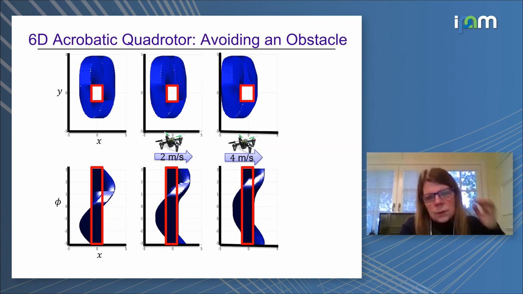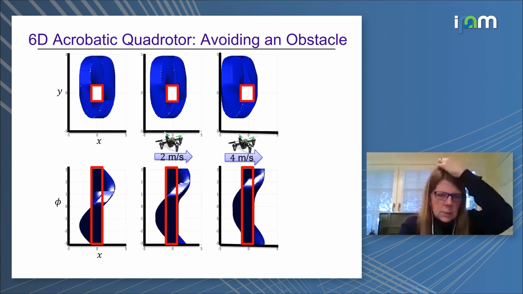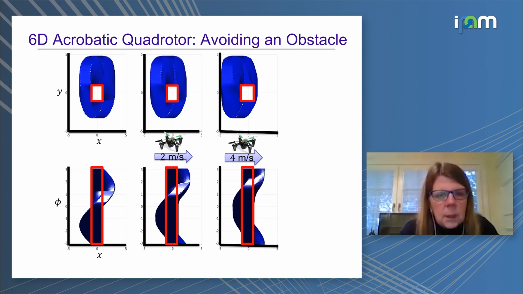So again, we're visualizing the set in its projections. The dimensions are relative: the X and Y positions here, then the heading with respect to X. And when we look at slices, we're basically looking at the velocity, so it's taking slices over the velocity.